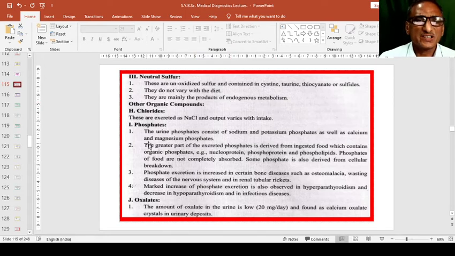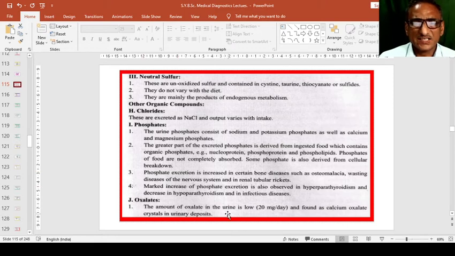Other organic compounds include the chlorides, which are excreted as sodium chloride, then phosphates. This consists of sodium and potassium phosphates. The greater part of phosphates includes organic phosphates, for example nucleoprotein, phosphoprotein, etc.